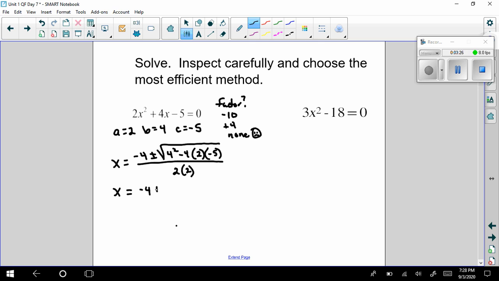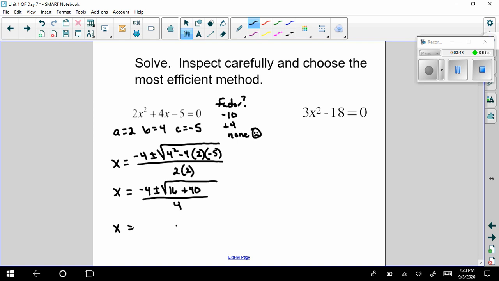We have negative 4 plus or minus the square root. 4 squared is 16. And I have a negative 8 times a negative 5, which is plus 40. And that's all over 4.